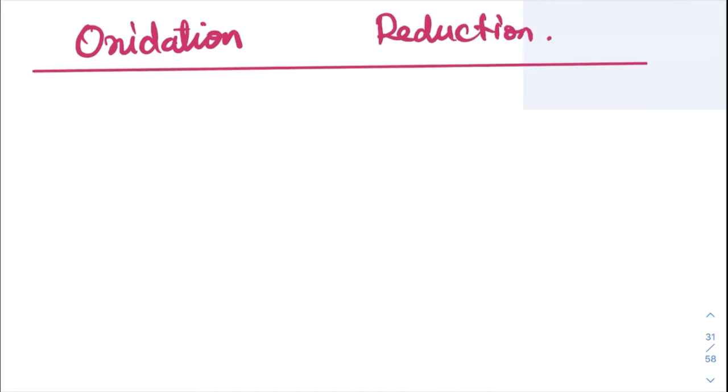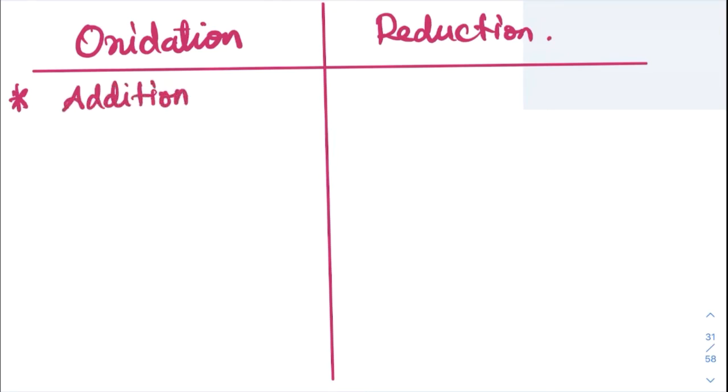Yes. Now let us see the various definitions for oxidation and reduction reactions. First, oxidation reaction and reduction reaction. Yes, let us see the various definitions. First one, addition of oxygen is called oxidation.